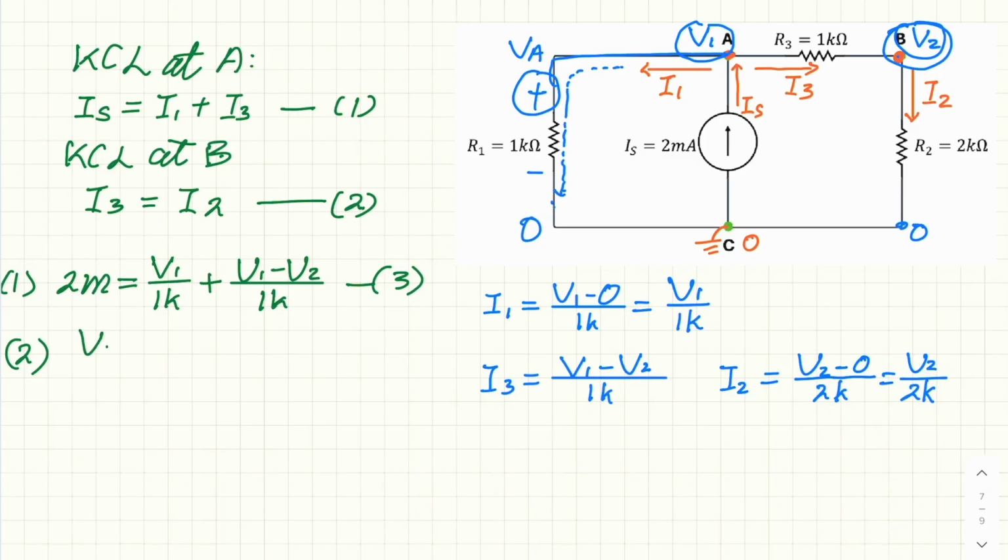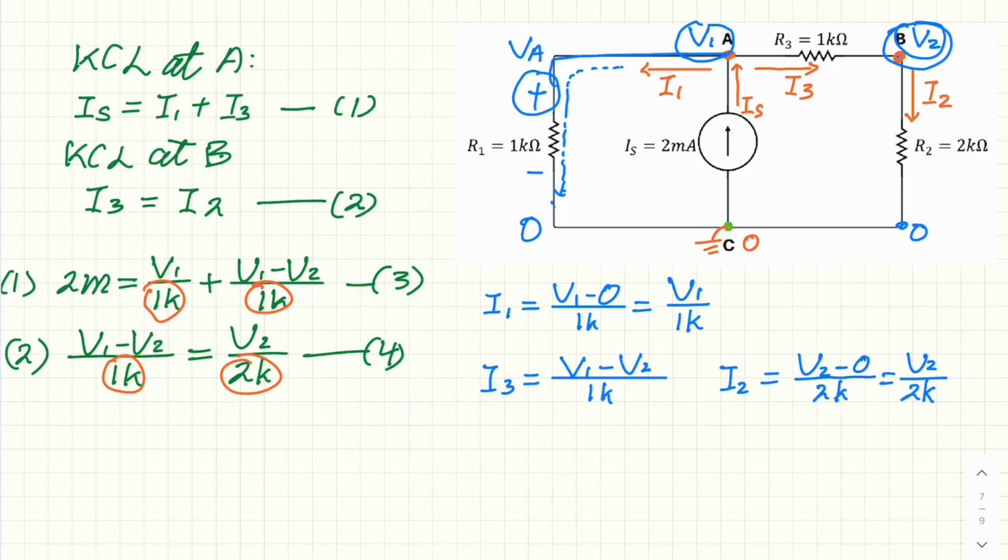So V1 minus V2 over 1K equal to V2 over 2K. So this is 4. Now to find V1 and V2, we notice in equation 3 the denominators are 1K, 1K, and for equation 4, the denominators are 1K, 2K.